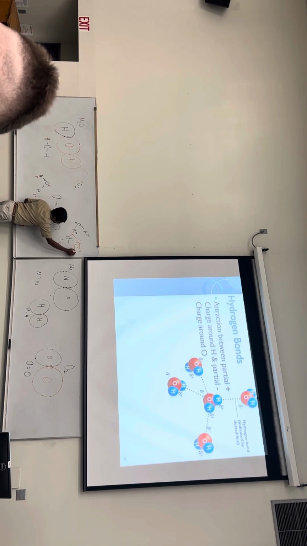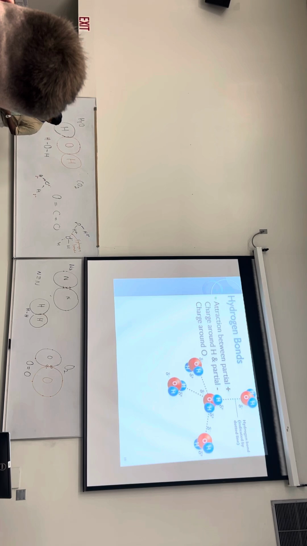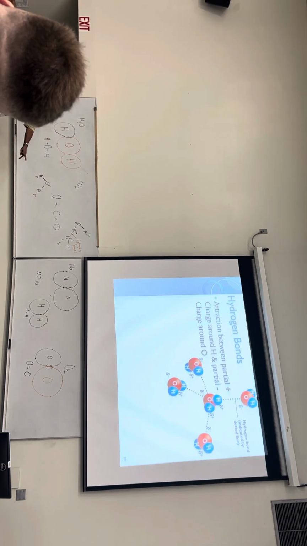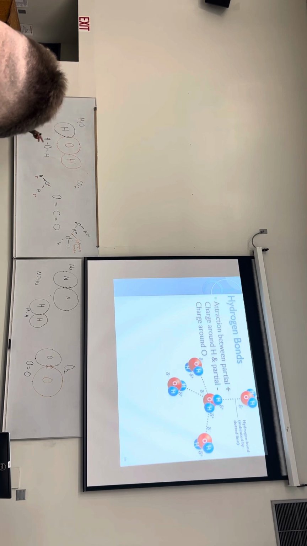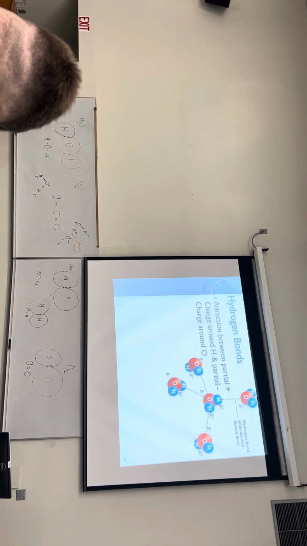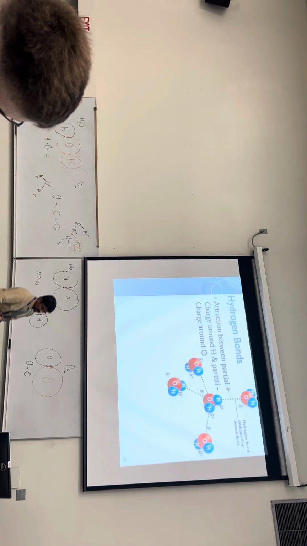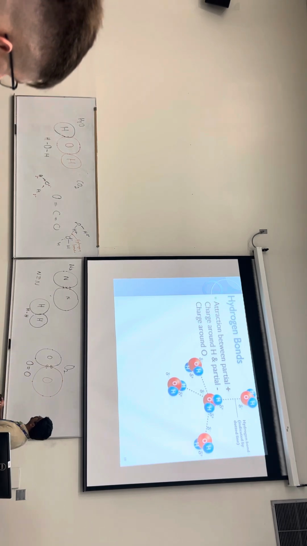Those are hydrogen bonds: the attraction between a partially positive side of one molecule to a partially negative side of another molecule. That's a hydrogen bond, and we write it with broken lines like that. So this image tries to show two things.